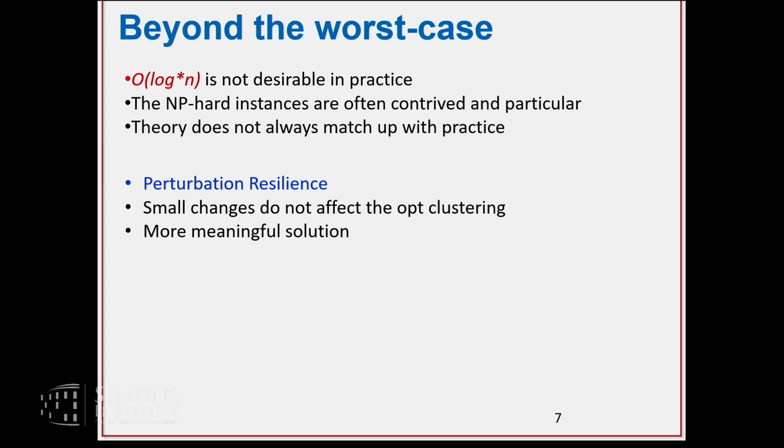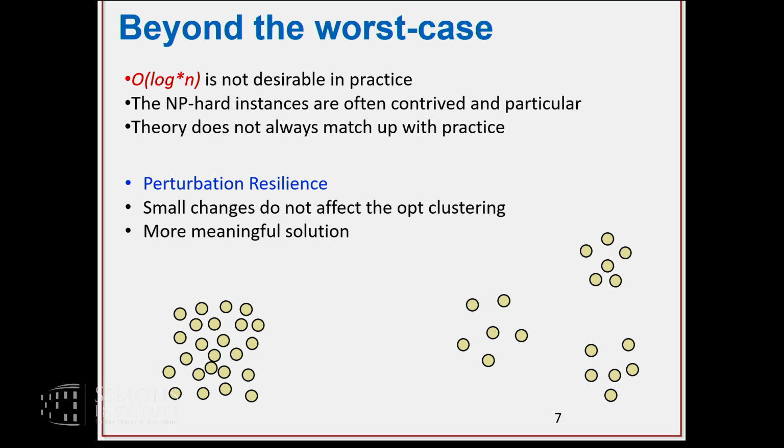Okay, so for perturbation resilience, we heard Avram explaining the intuition behind this at the start of the day. But the idea is that small changes to the data set, to the distances, shouldn't affect the optimal clustering. And we justify that by saying if it does affect the optimal clustering drastically, then maybe clustering isn't the right thing to do.